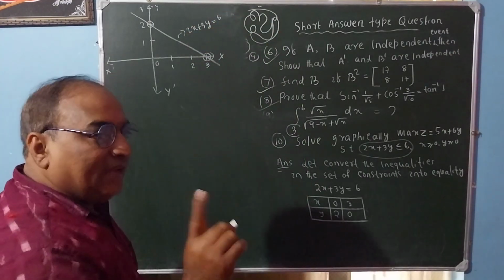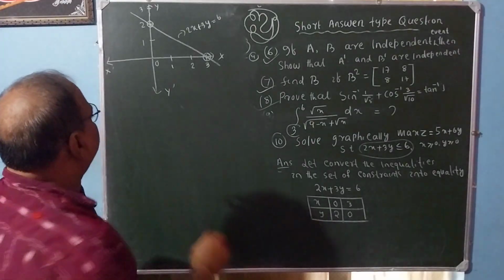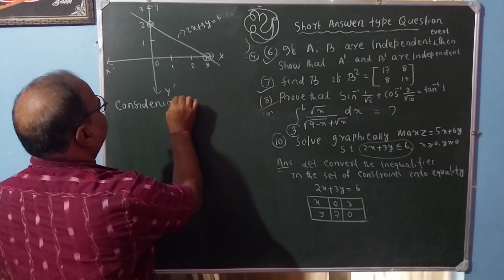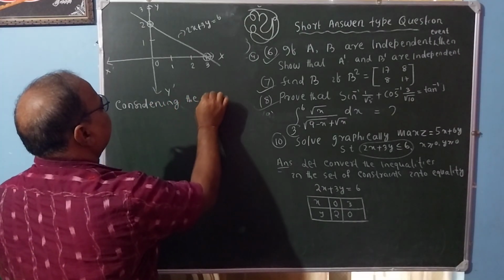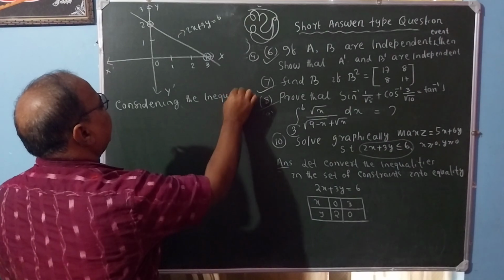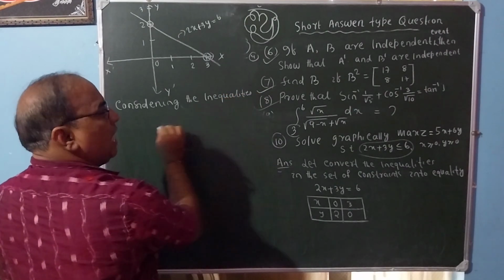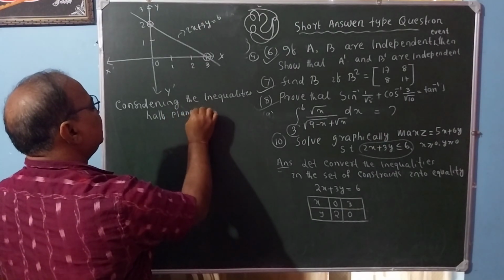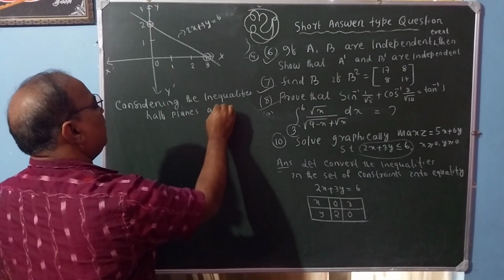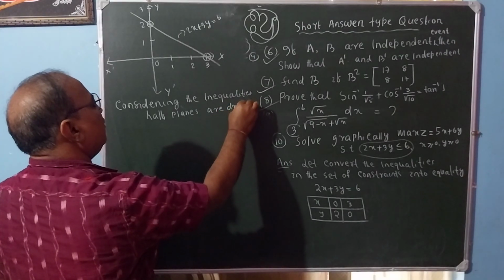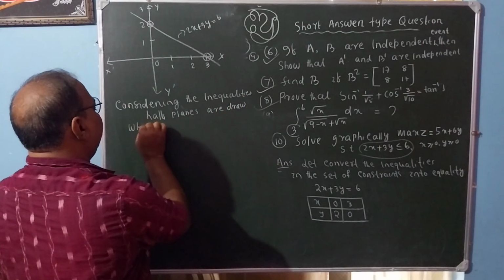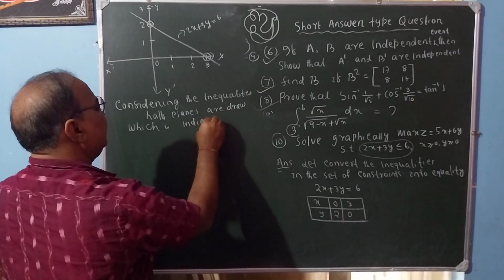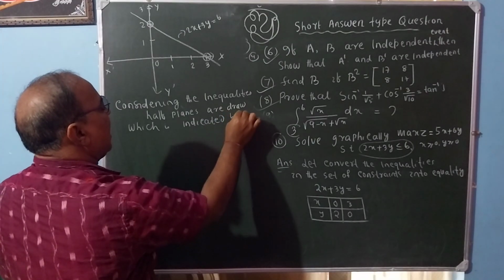6. Now, considering the inequalities, write down: considering the inequalities, half planes are drawn, which is indicated by arrow mark.